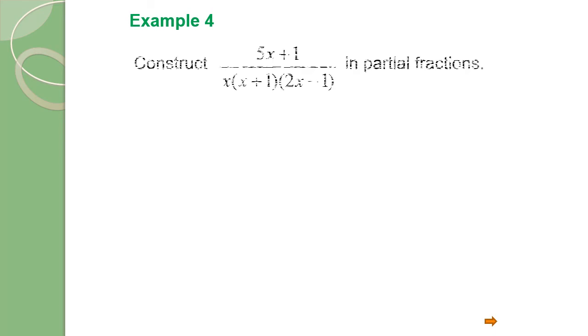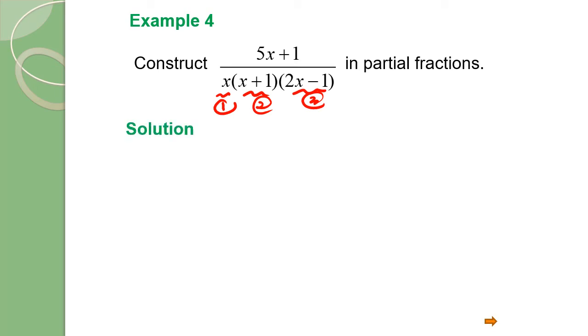So example 4. Construct (5x plus 1) over x multiplied by (x plus 1) multiplied by (2x minus 1) in partial fractions. So now we have three factors. This is a linear, right? x plus a constant 0. So this is the first factor, second factor, and the third factor. So this is what I said earlier: we will have more than 2 linear factors.